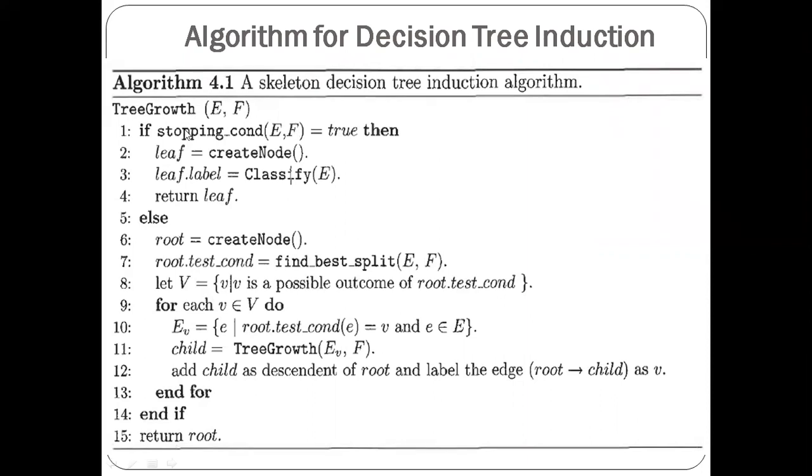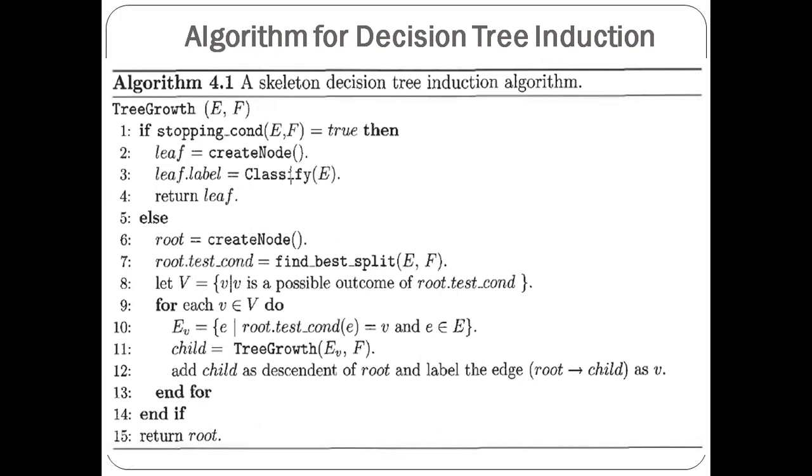So when all the records belong to the same class label or attribute value, it means we have reached the stopping condition. If it is true, then we will create a leaf node by calling the function createNode, and assign the class label as the majority class appearing in the training records.